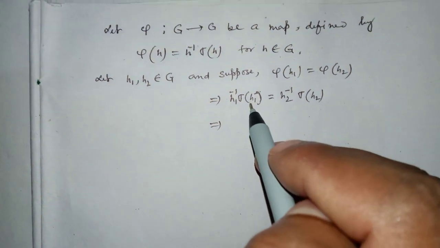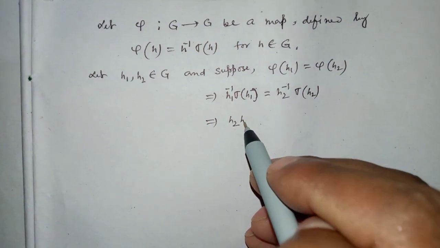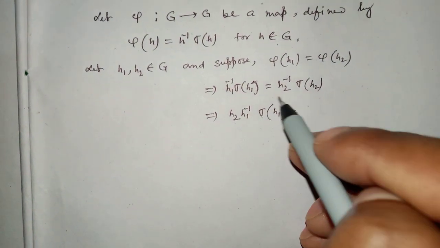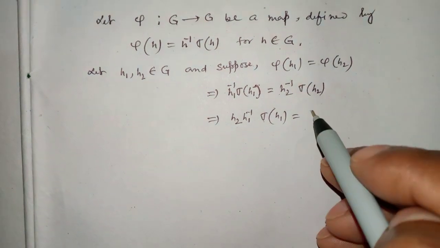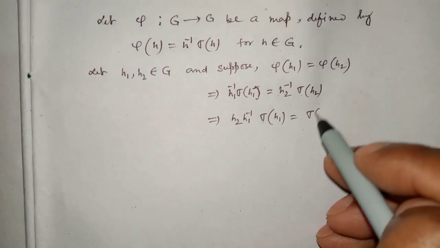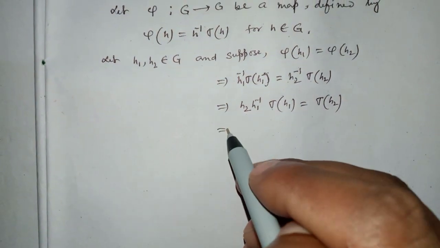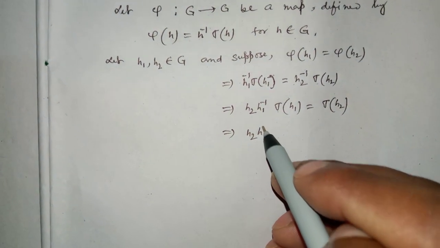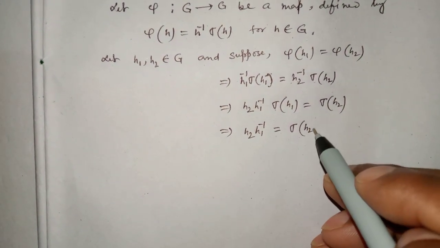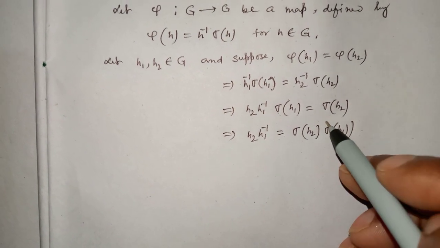If we multiply both sides by h2, we get h2 h1 inverse sigma(h1) is equal to h2 inverse, which means identity, into sigma(h2), means sigma(h2). This implies h2 h1 inverse is equal to sigma(h2) and sigma(h1) inverse.